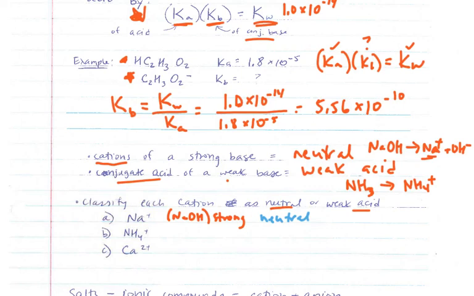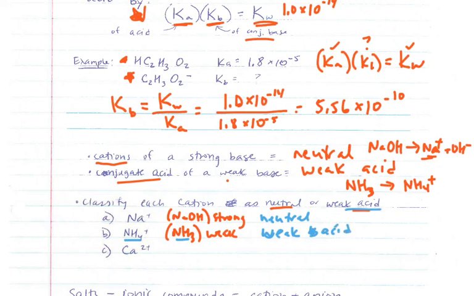NH4+, I just did that one as an example. That is the conjugate acid of NH3. And NH3 is a weak base, so NH4 is going to act as a weak acid.